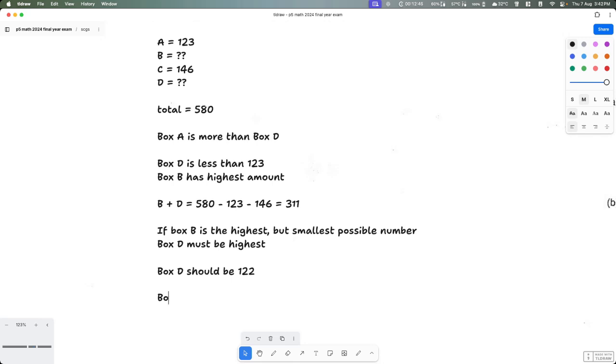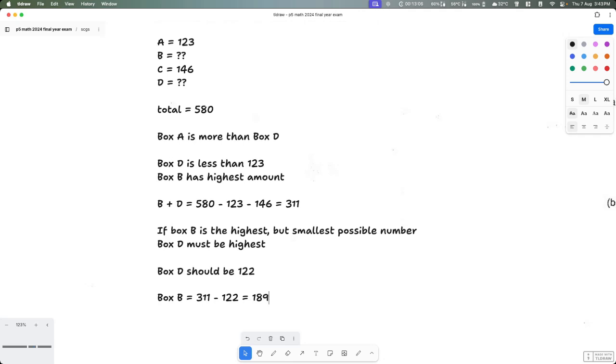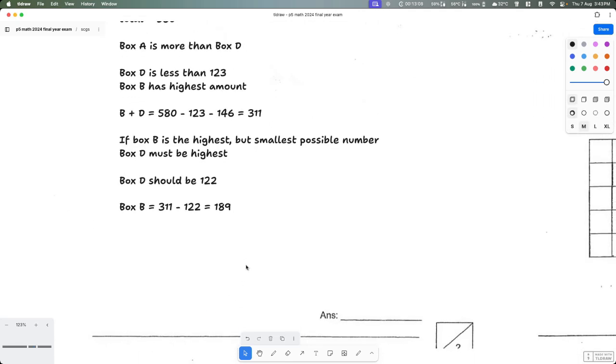Then box B is equal to 311 minus 122, which is 189. So the answer should be 189.